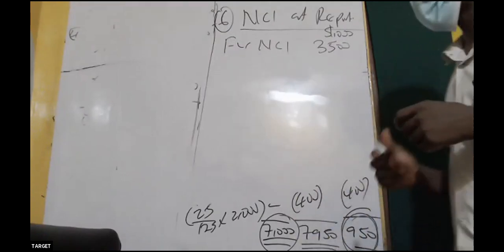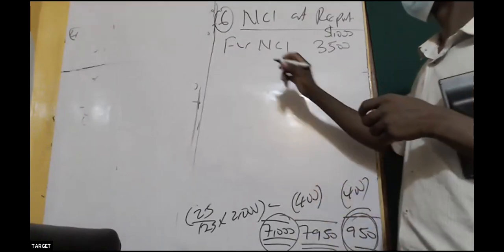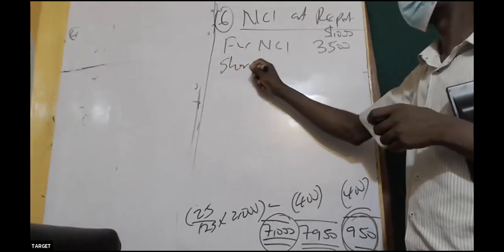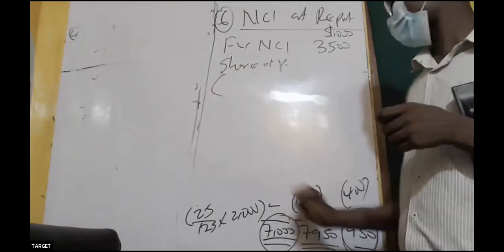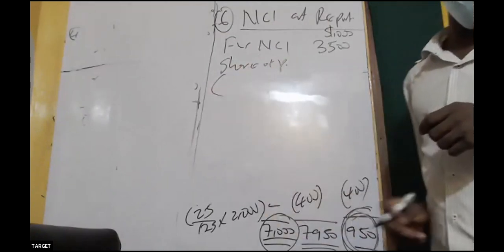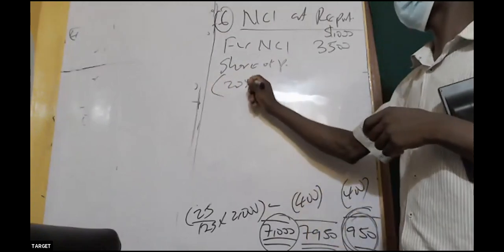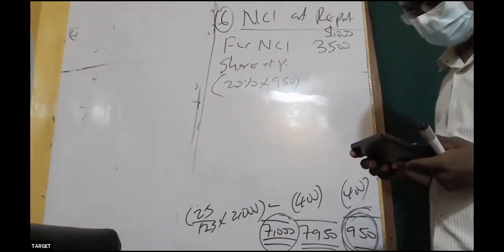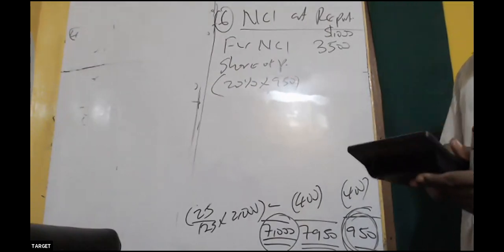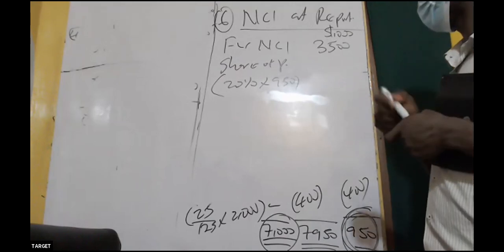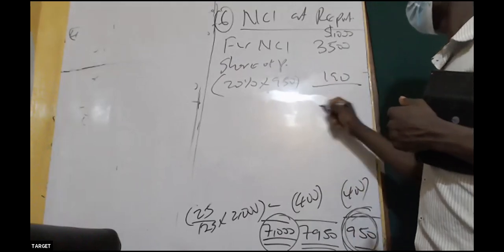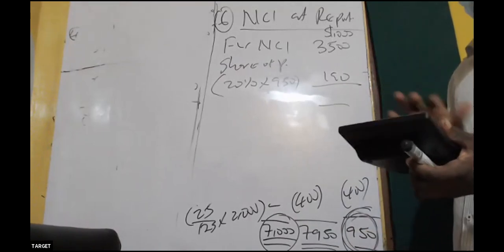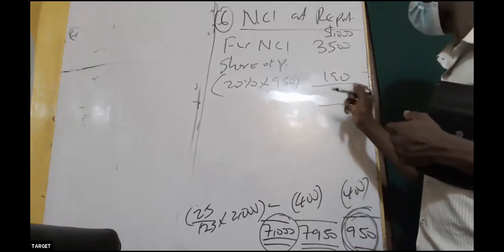Then add the NCI share of profit. Open the bracket. Of this 950, their share will be 20% of 950. There's no impairment. So 0.2 times 950 is 190. So 3,500 plus 190, so 3,690.